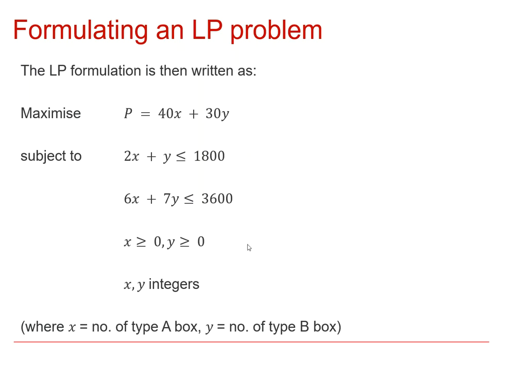We have then natural constraints on these objects, so numbers of objects, so obviously have to be non-negative integers, and just for completeness, just to make it clear what each of these things stands for in the context of the real problem, because once we do go about solving this, we'll need to interpret our solution in order to actually get something useful out of it that we could apply in that real life context.